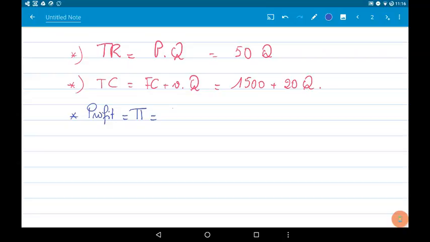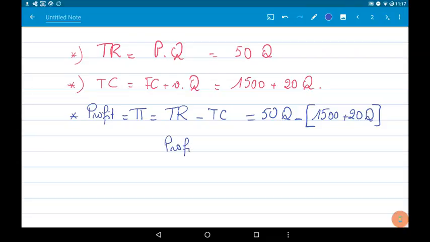The profit equals total revenue minus total cost, which is 50Q minus, pay attention, the minus is for the whole total cost function. So we need to use the brackets.